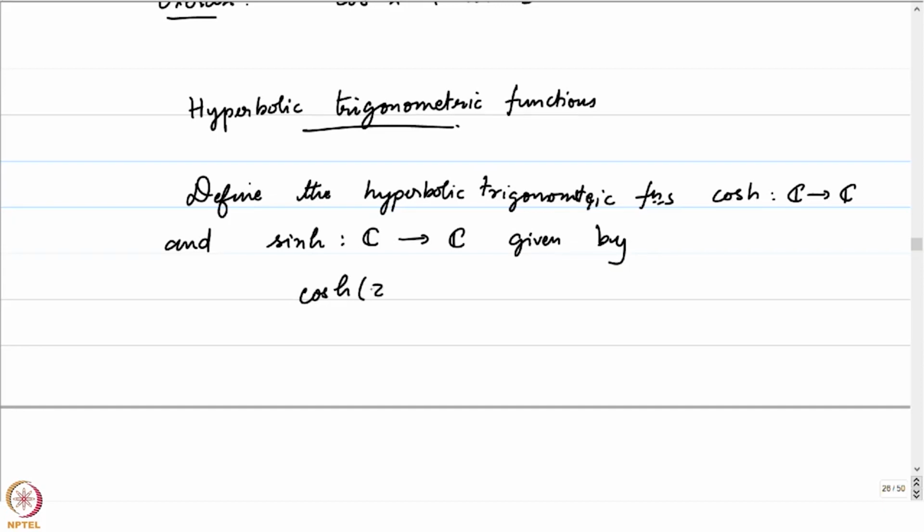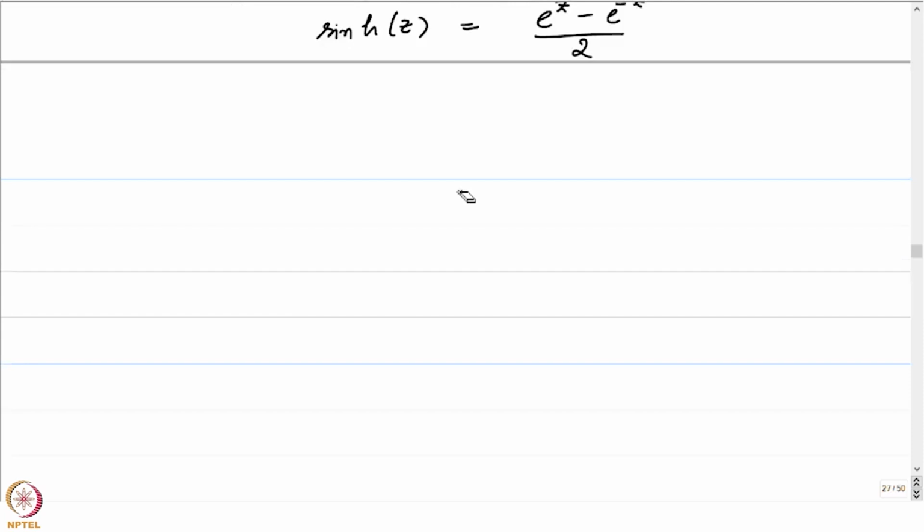Cos h of z is just equal to e to the power z plus e to the power minus z by 2.